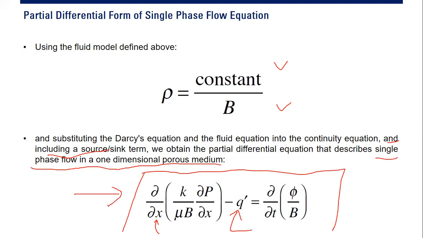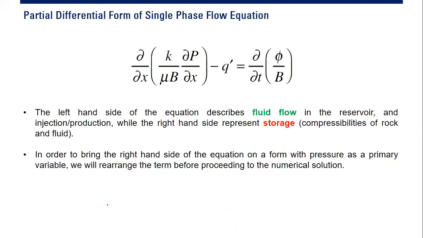That's very important, a very, very important equation for single phase fluid in a one-dimensional system. We have a term on the left and on the right. The left-hand side of the equation describes the fluid flow in the reservoir.